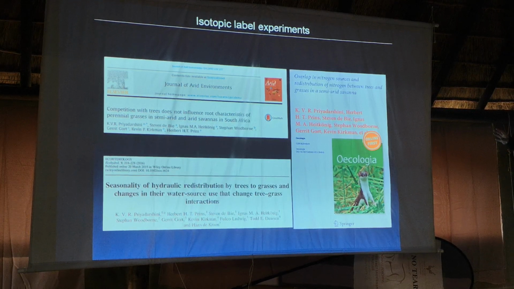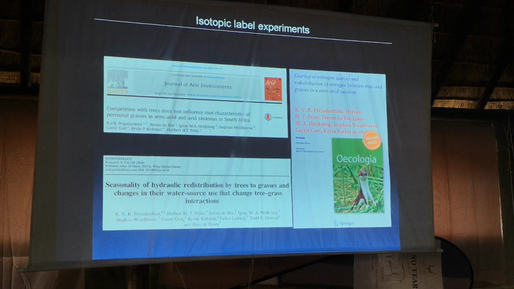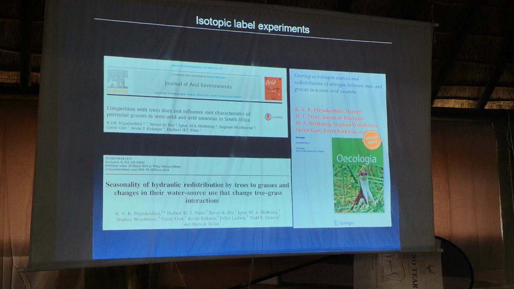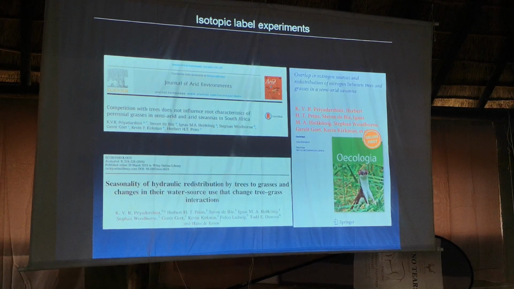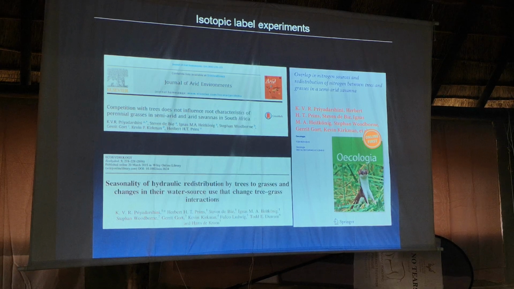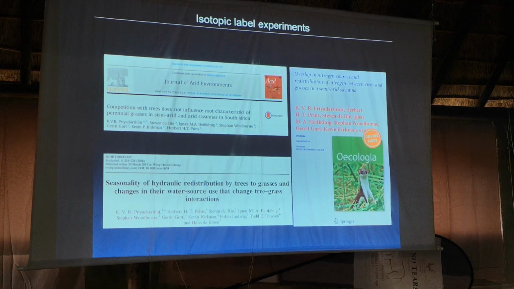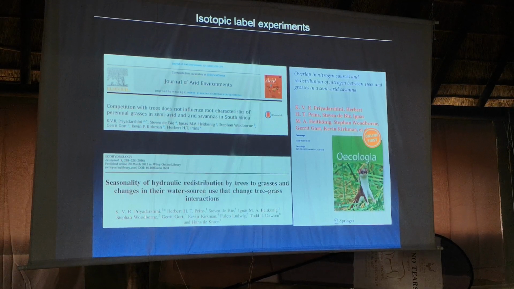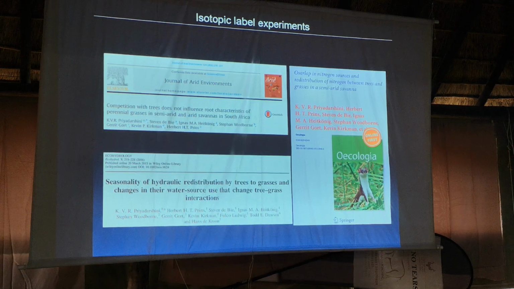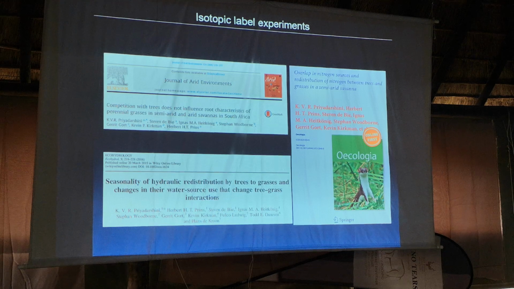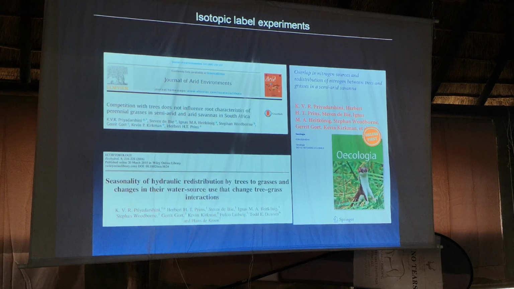And in these studies, the bottom line was, before we saw the traces in the tree, we saw them in the grasses. So that was another independent manipulation experiment using stable isotopes, which demonstrated we have a strong element of facilitation, where the trees are giving away nutrients and water to what should have been their competitors.